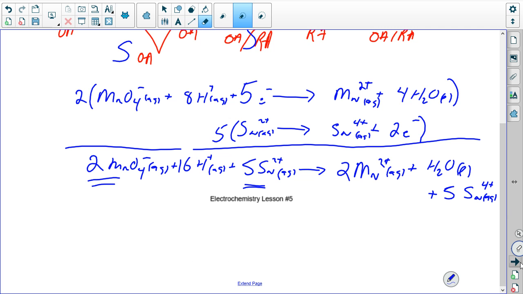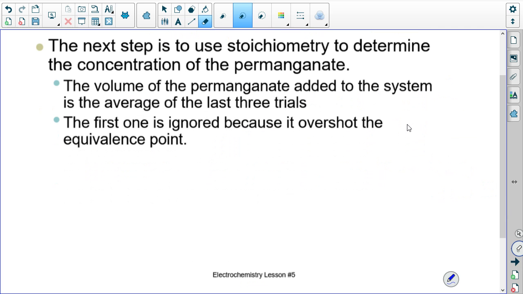Now, step 1 is write the balanced equation.